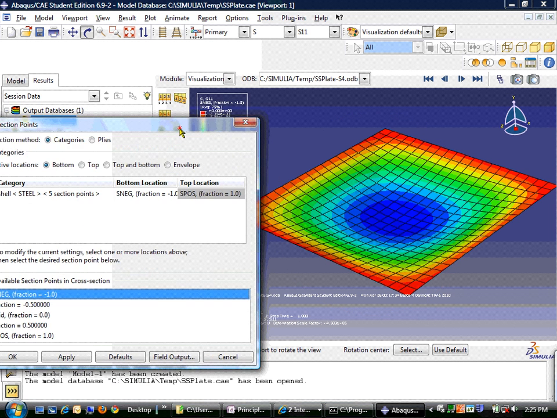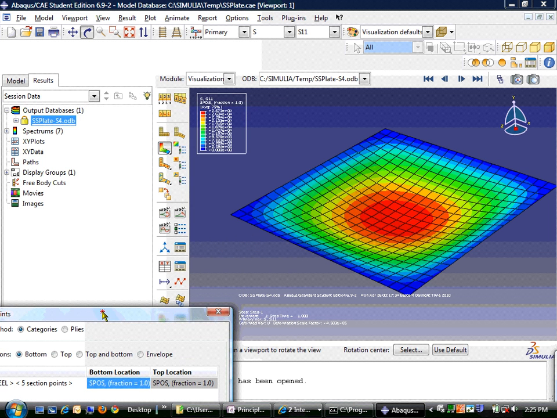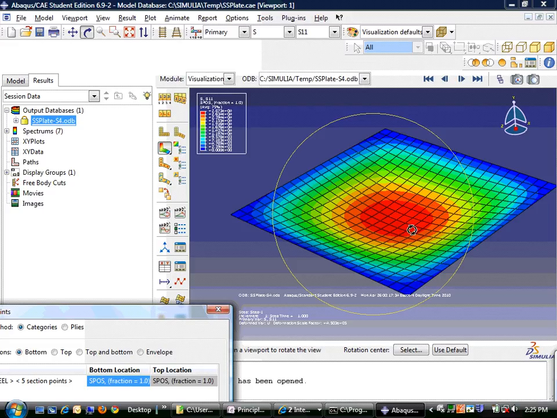If I change my surface to the positive face, that is the bottom surface of the plate, apply. So on the bottom surface, you can see that the stresses are positive because the bottom surface of the plate has tension.